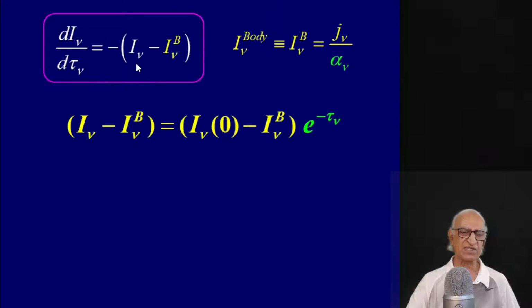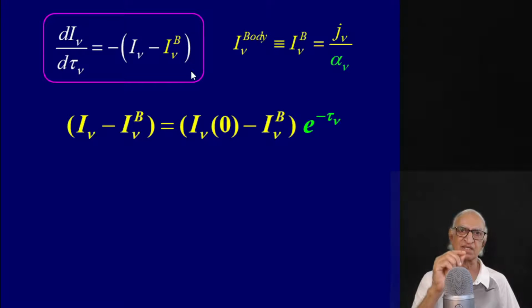Now this equation can be integrated very easily. It is a very simple first order differential equation. It is of the form dy by dx equals minus y. That can be cast by bringing this to this side and this to that side. It can be written as dy over y equals minus dx.